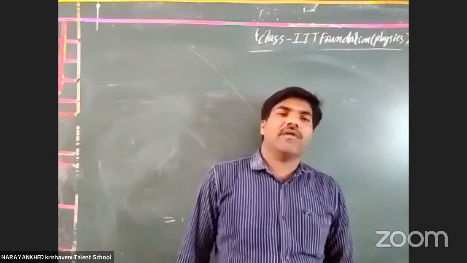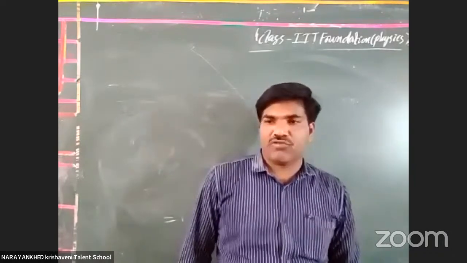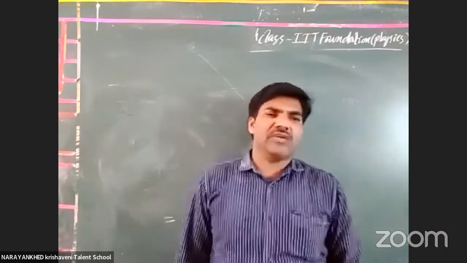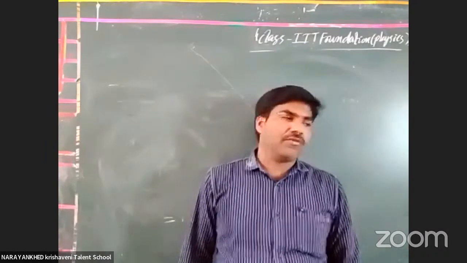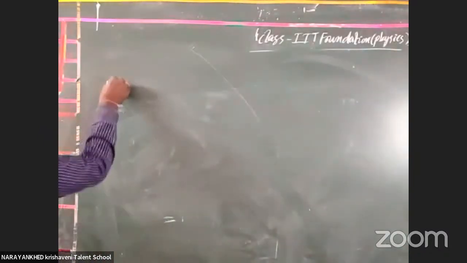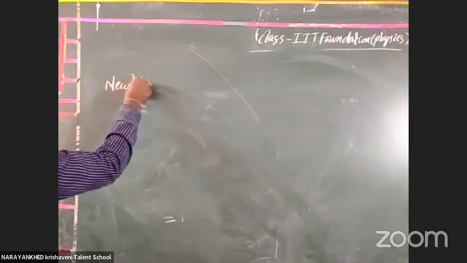Now we are going to our third law of motion, a very important law. Every action has a reaction with the same magnitude but opposite in direction. Yes, Newton's third law. Okay, clear or not, all the students?